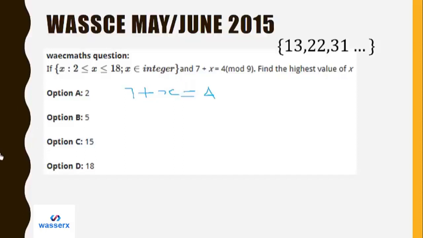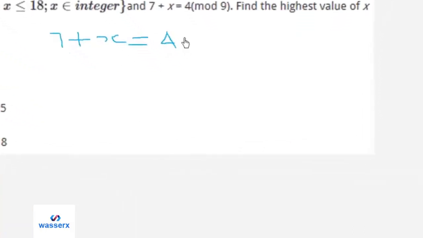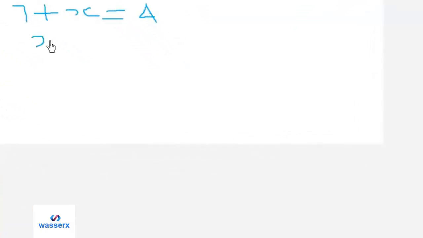So if you solve for x, you are going to get x equal to 4 minus 7, and this is giving us negative 3. But negative 3 is not in this interval.